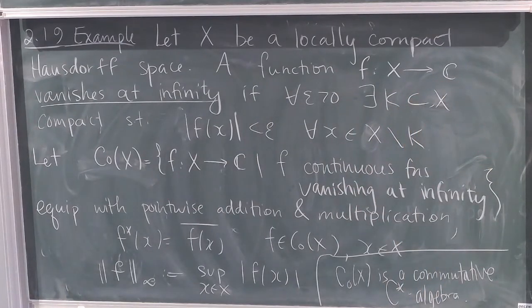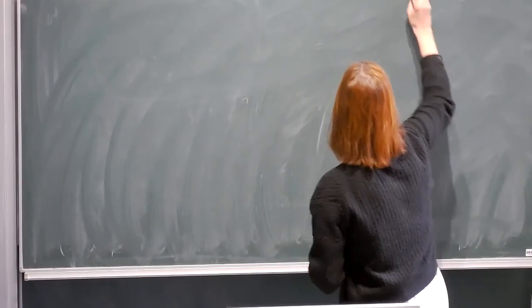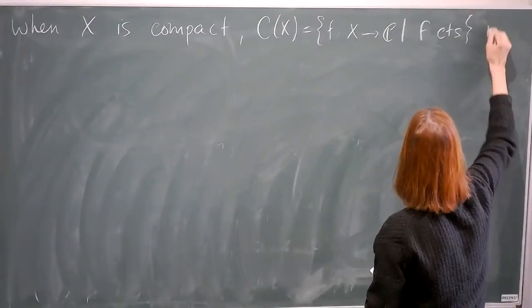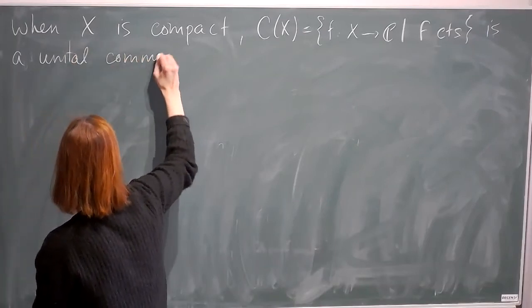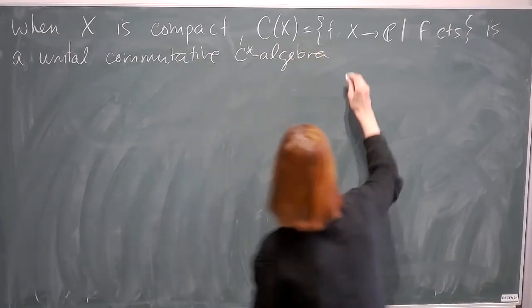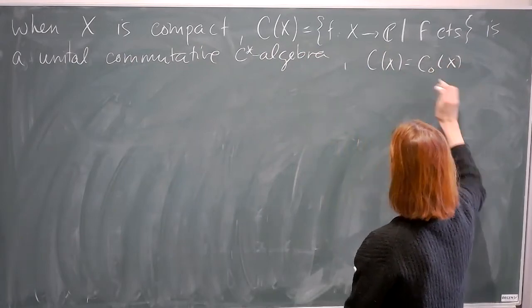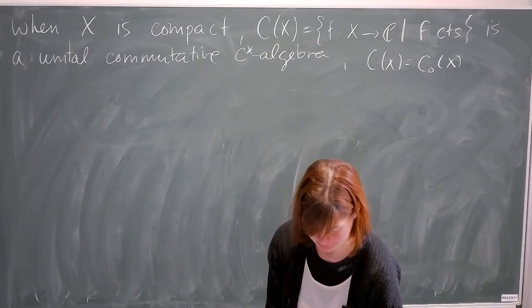So we just get all the continuous functions, in which case we just denote it by C of X. And in this case, it will be unital, and exactly equal to these functions vanishing at infinity. So we won't normally bother with the zero when X is compact, and that's a good way to remind yourself whether we're assuming compactness or not.